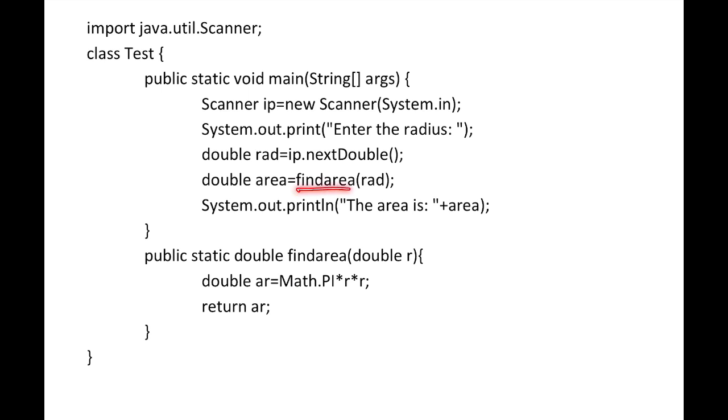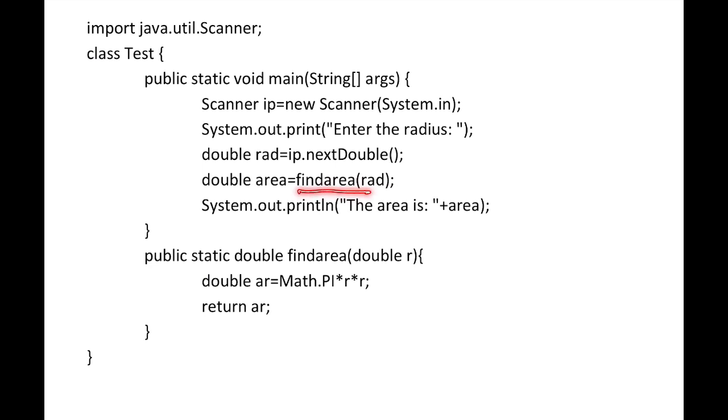When we call this method findArea and pass the value rad, the control comes here to this method, public static double findArea(double r). So the value of r is the same as the radius. Now double ar equals Math.PI * r * r.